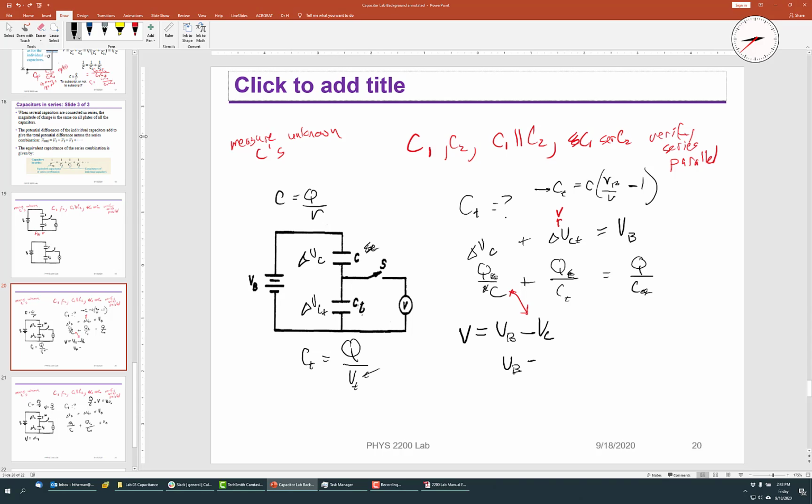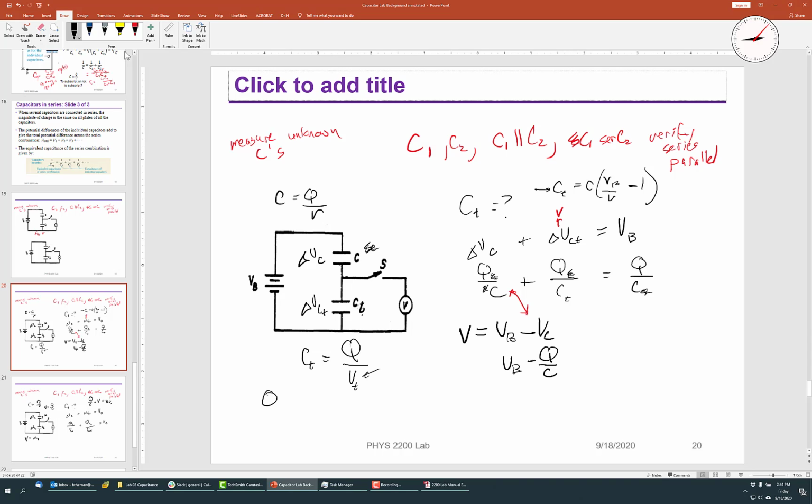So then we get Q over C, but now we're in a position where we have to do something about this Q. Because all the Q's are the same, we can put in any.